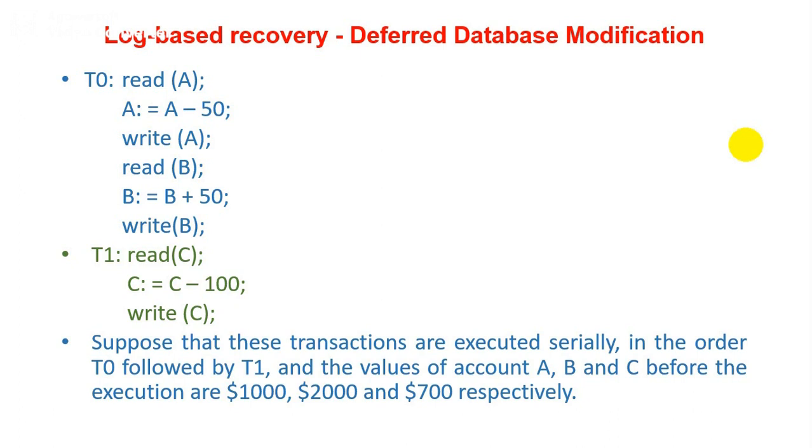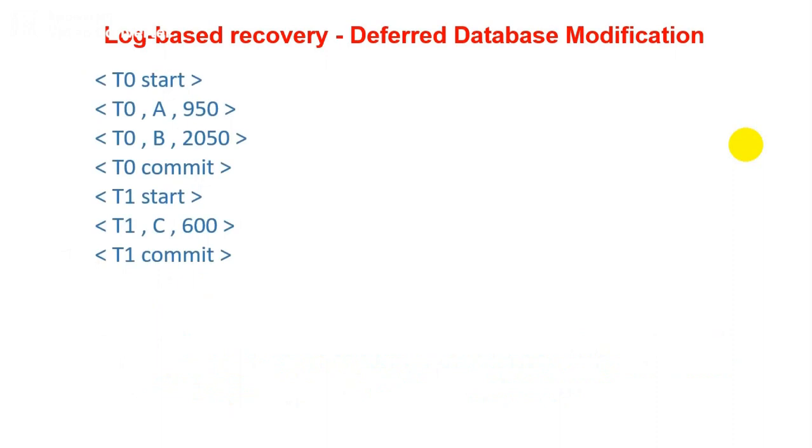Now we see how to perform these things in a practical way. First one, T0 reads the database item A, because first we need to know whether $50 or more is available in account A or not. If it is, then and only then should the transaction be performed.